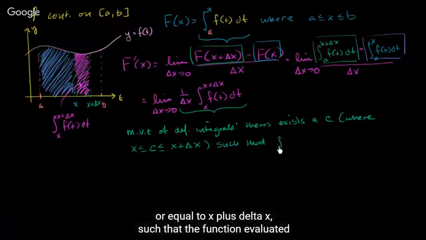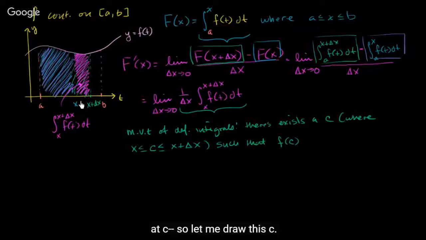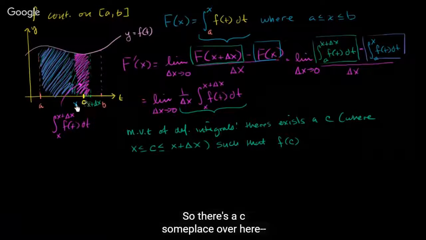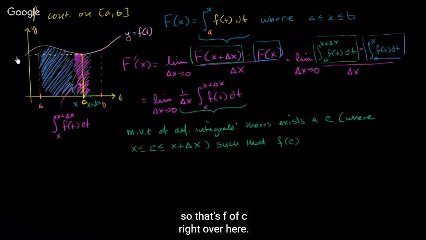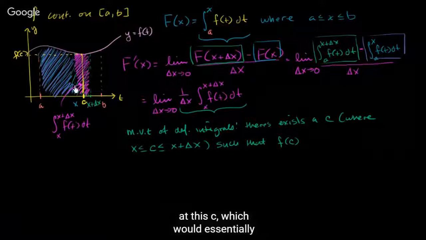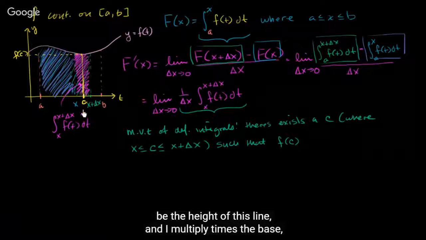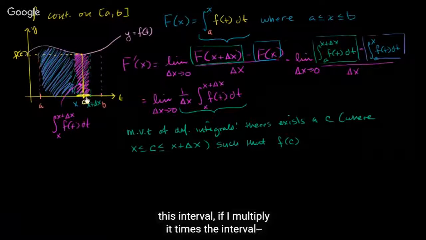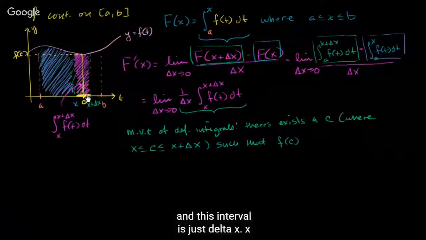the function evaluated at c, so let me draw this c. There's a c someplace over here. So if I were to take the function evaluated at this c, that's f of c right over here, which would essentially be the height of this line, and I multiply it times the base, this interval, which is just x plus delta x minus x, which is delta x.